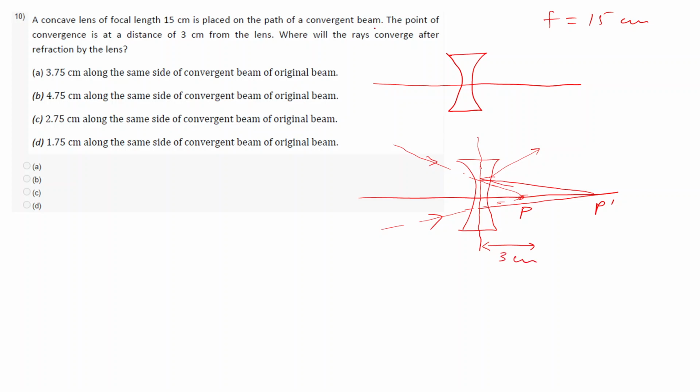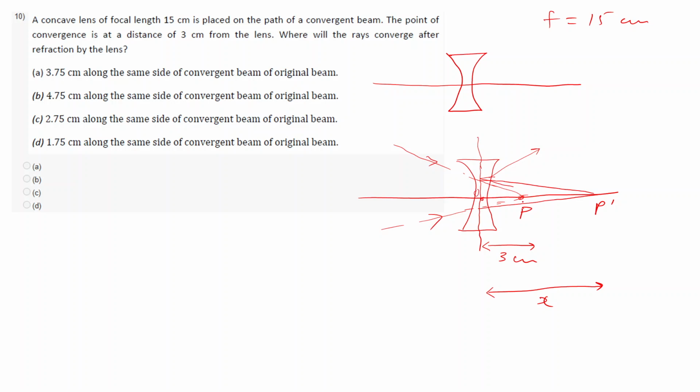Where will the rays converge after refraction? Initial convergence distance was 3 centimeter. Now because I introduced a diverging lens, which is a concave lens, these will diverge and converge at a farther distance. And what is that distance? We need to find out. Let's call it OP.